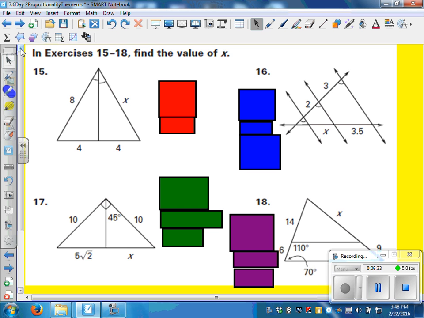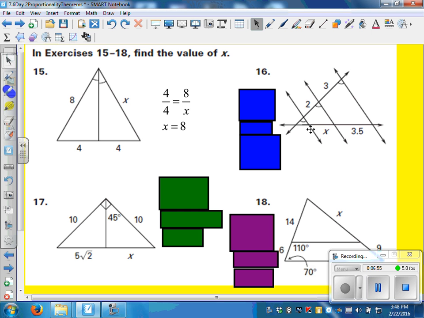So right now you're going to want to pause the video and work through numbers 15 through 19. The answers to 15. You have 4 over 4 equals 8 over x, or x is 8.